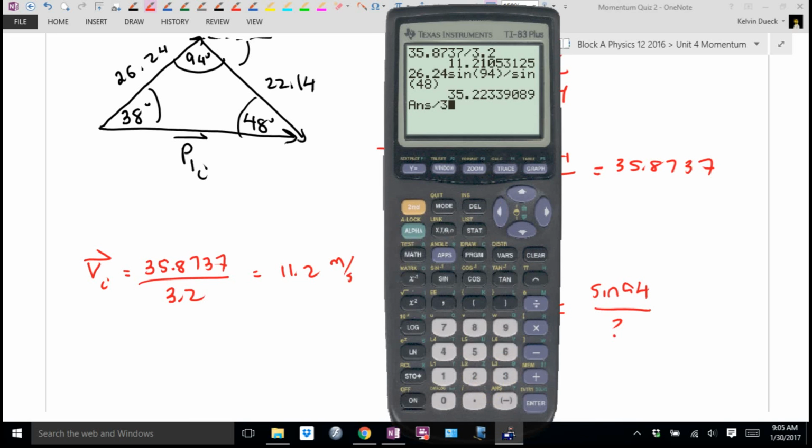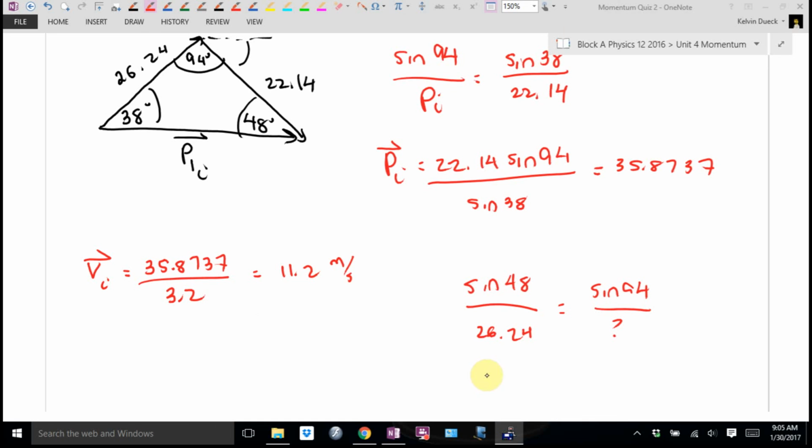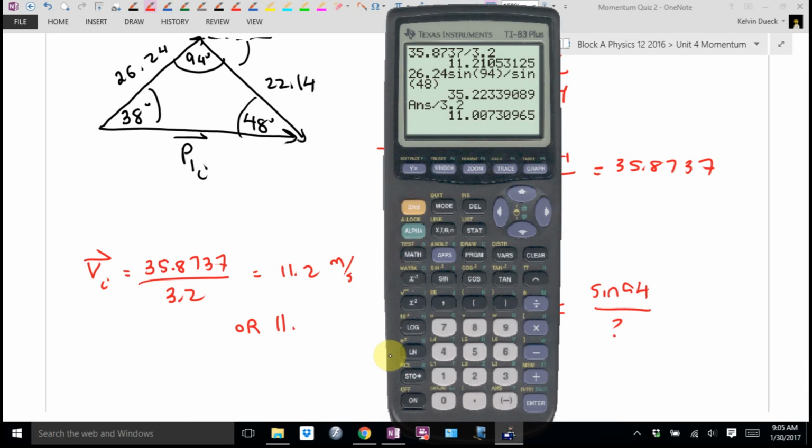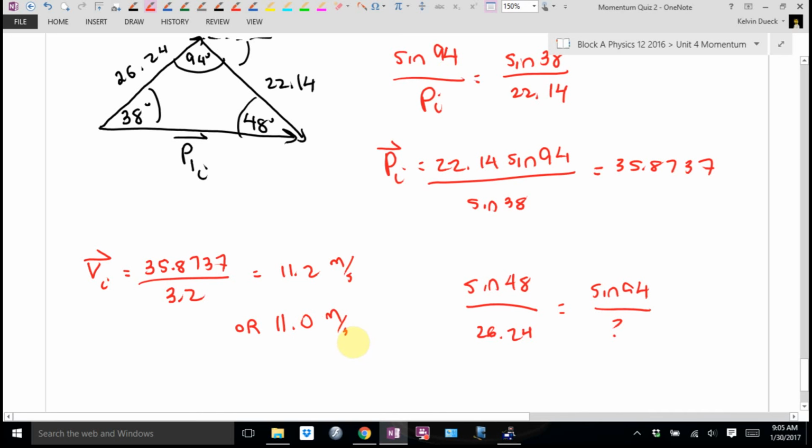We're a bit off, which is concerning, and it may very well be, if you got 11.0, I'll take that as well. I may have made up an impossible collision when I made up these numbers. I may have to change this for next year. But you will get 11 meters per second.